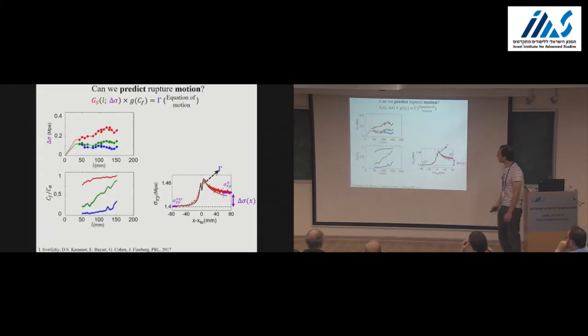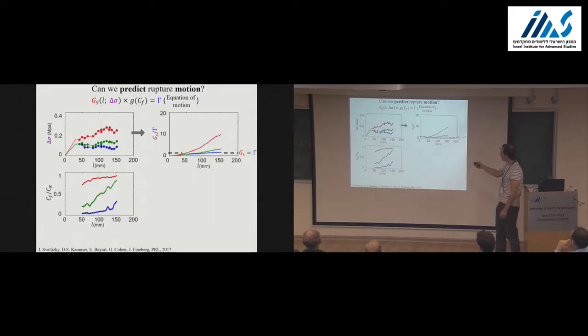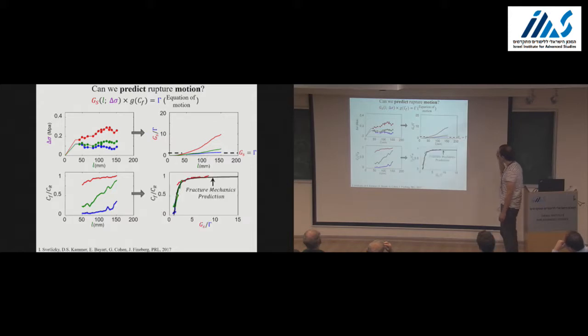So does it work? These are the three rupture events we've discussed. These are the accompanying shear stresses from which we can calculate the elastic energy being released. I'm plotting the elastic energy being released divided by the fracture energy with respect to the crack length. And as the equation of motion suggests, instead of plotting the velocity with respect to the crack length, I'm plotting the velocity with respect to Gs over Gamma by that measurement.